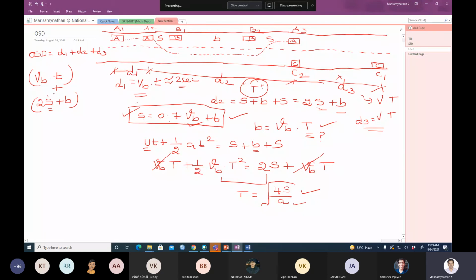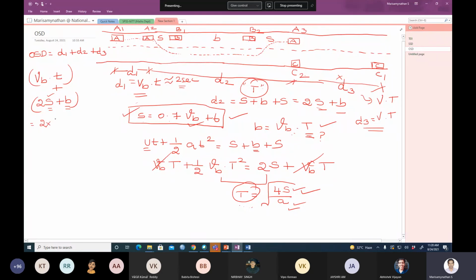Then you can apply the same S and the acceleration in this equation to get the value for T. Then B is VB into T, the speed of vehicle B into T, which you have estimated using this equation.